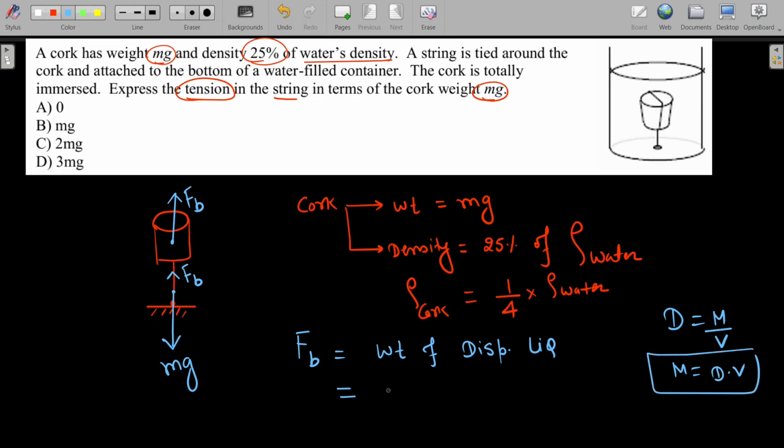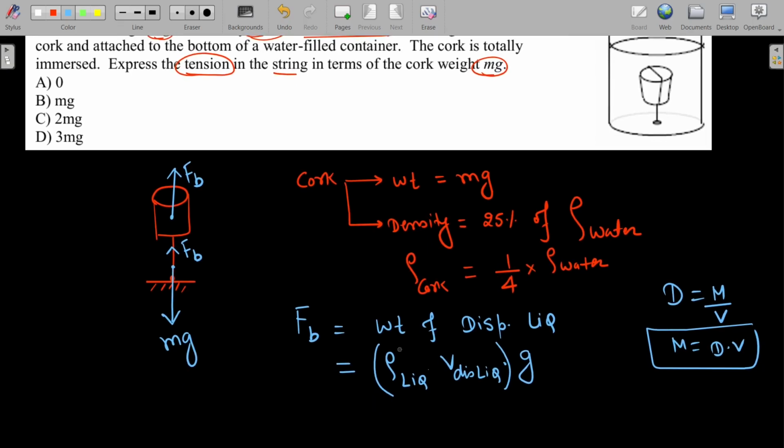So the buoyancy force will be rho, the density of liquid, into volume of displaced liquid, multiplied by g, the acceleration due to gravity. This rho into V will give us the mass of the displaced liquid, and when we multiply it with acceleration due to gravity, it becomes the weight of the displaced liquid.